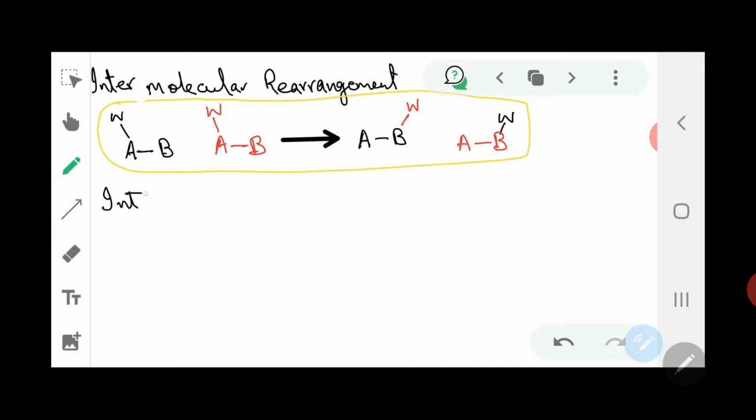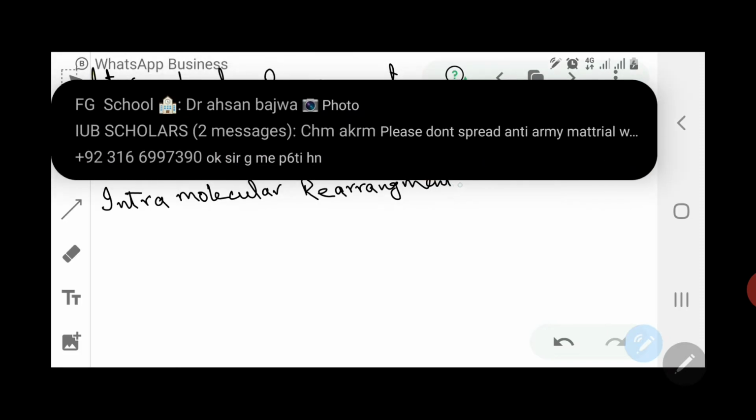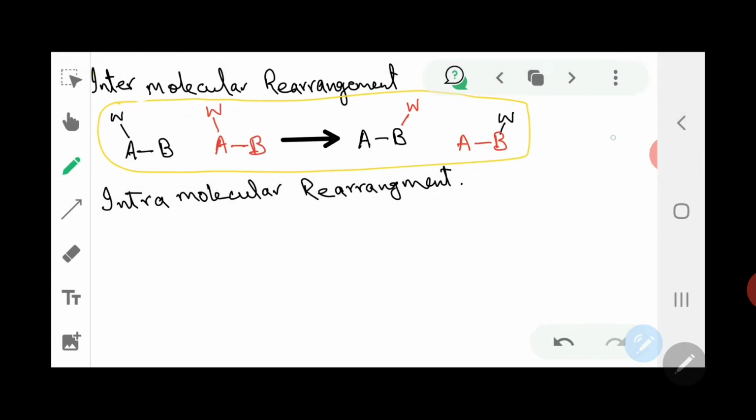Now come to intramolecular rearrangement. Sorry for these message pop-ups.